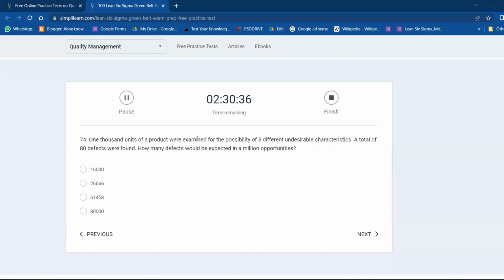1000 units of a product were examined with the possibility of 5 different undesirable characteristics. A total of 80 defects were found. How many defects would you expect in a million opportunities? That means defects per million opportunities.